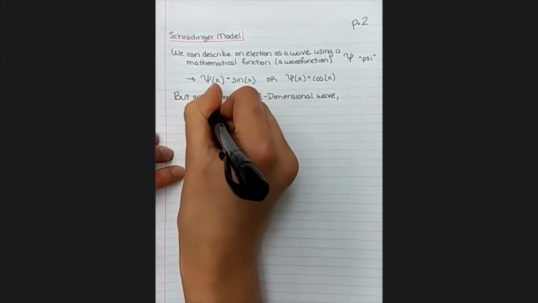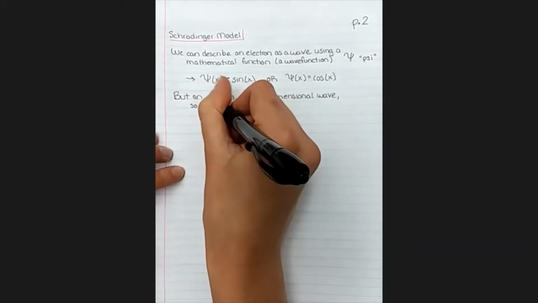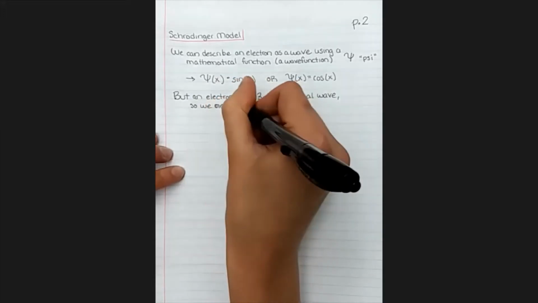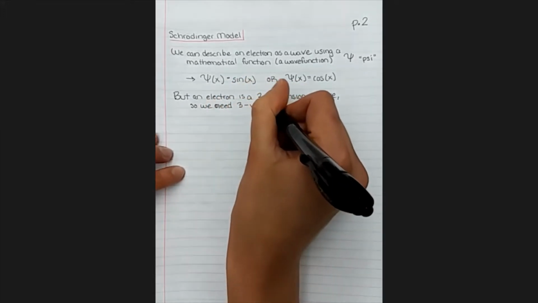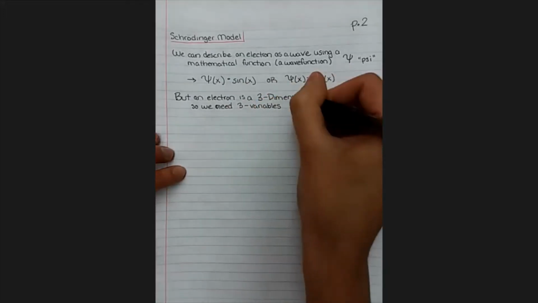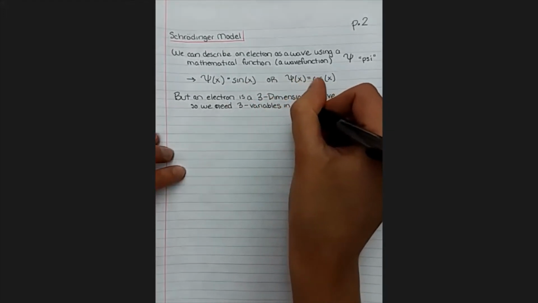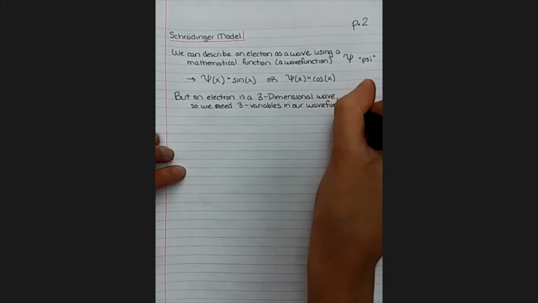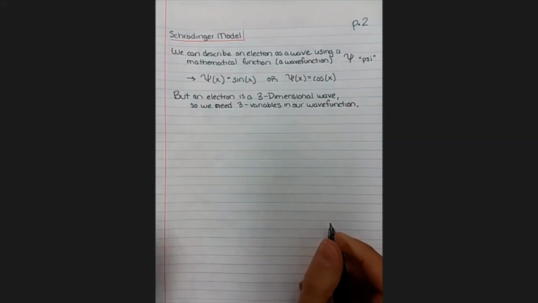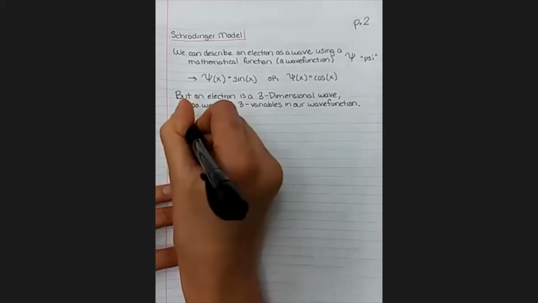So we need three variables in our wave function, one for each direction. And you can imagine that as we start to add variables to our wave function, it starts to get quite a bit more complicated.